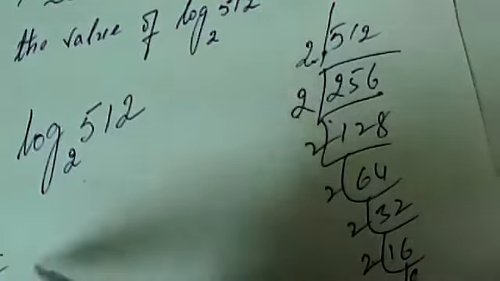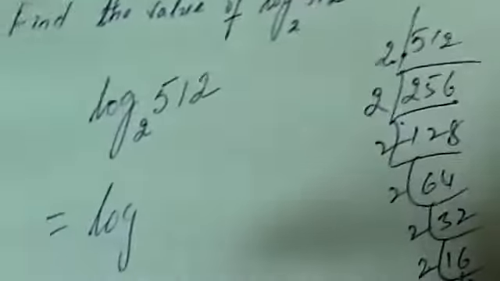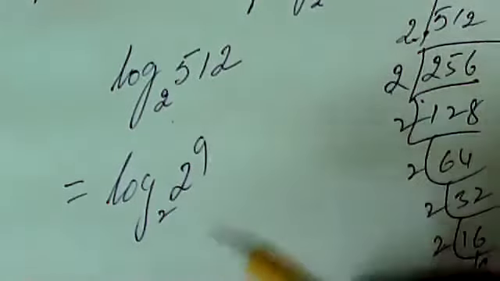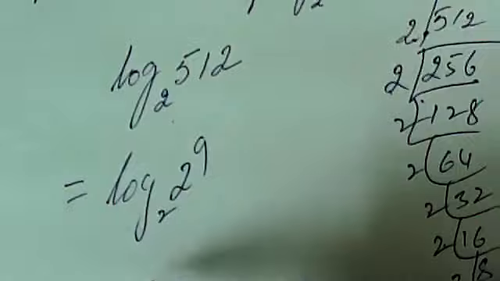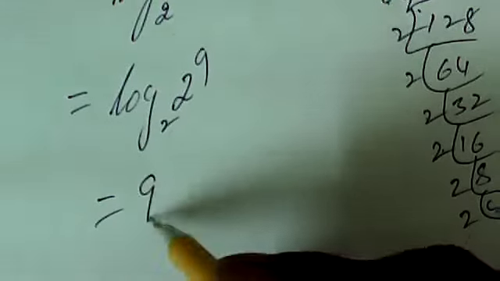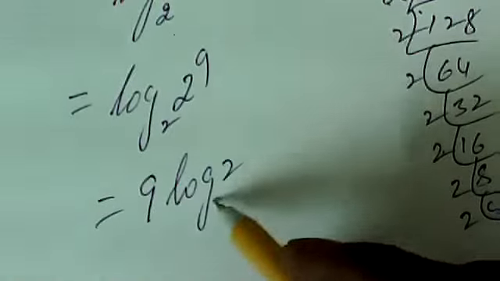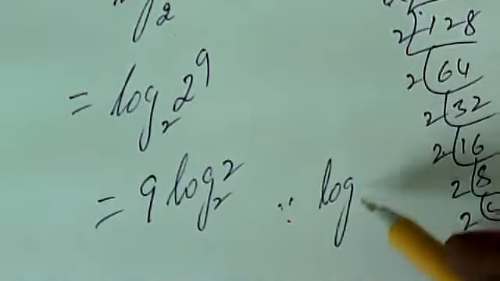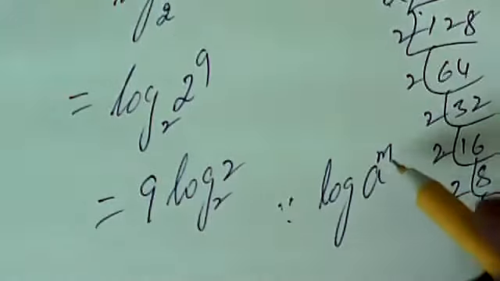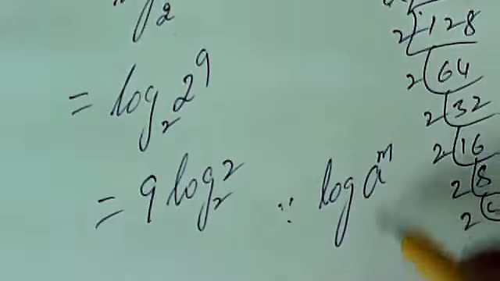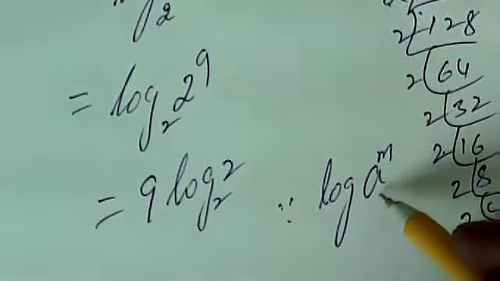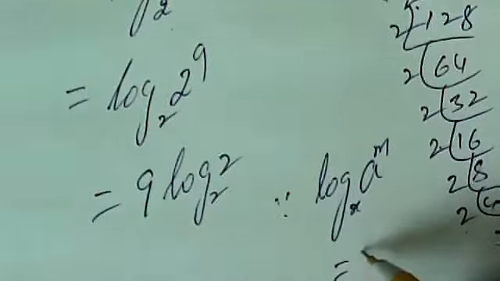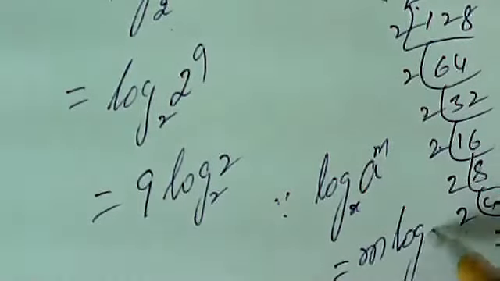So we can write it as log of 2 power 9 to base 2, which equals 9 into log of 2 to base 2. Here we have applied the rule: log of a power m to base x equals m log a to base x.